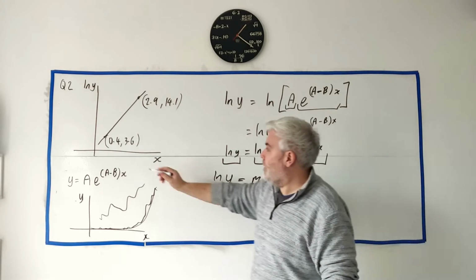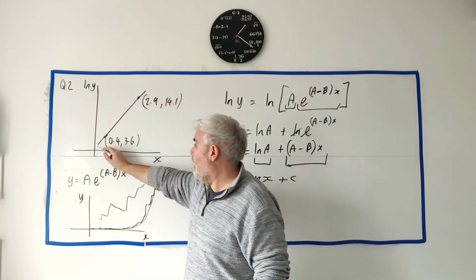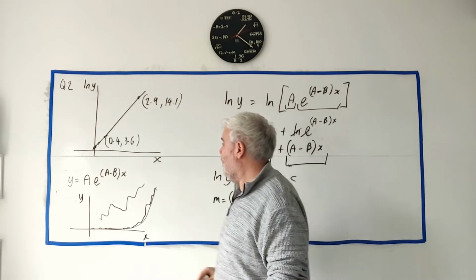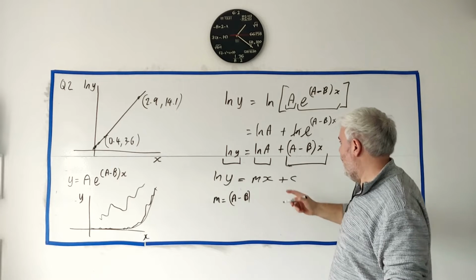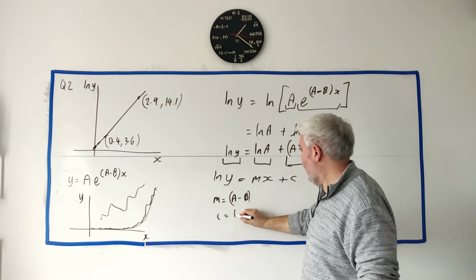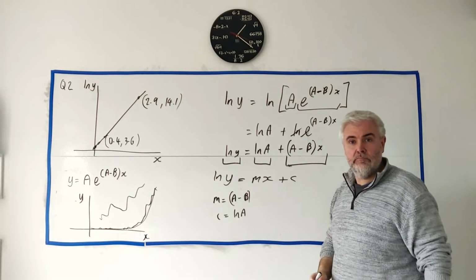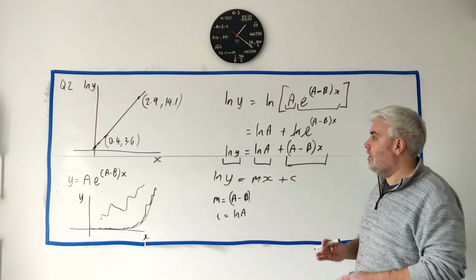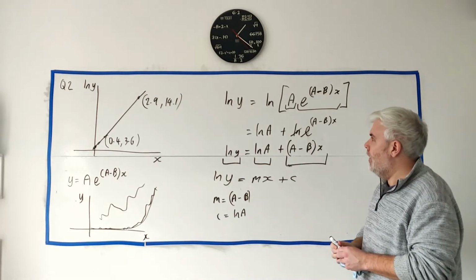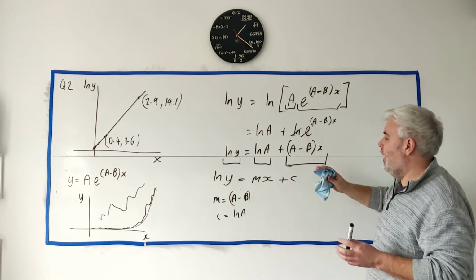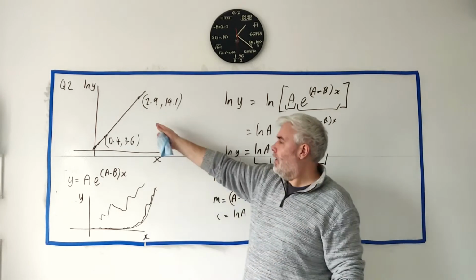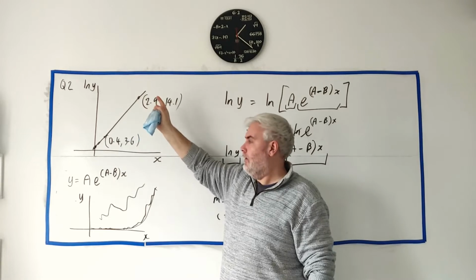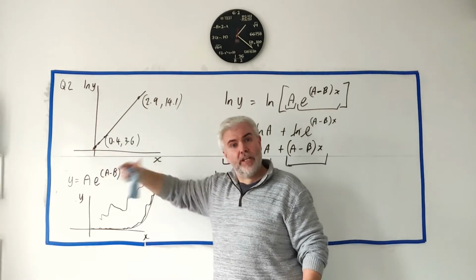The y-intercept, if you get the equation and find the y-intercept, is just natural log, so c is equal to natural log a. So noticing this tells me, instead of doing any maths with this equation, how about I just find the slope and the y-intercept? So that's what I'll do.